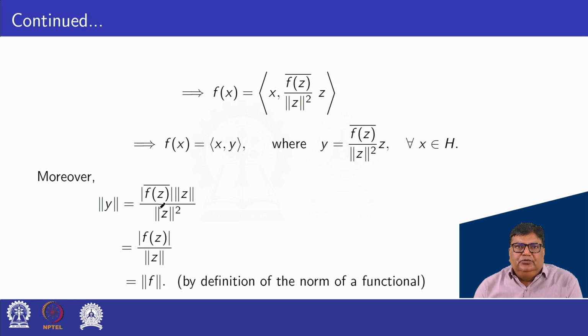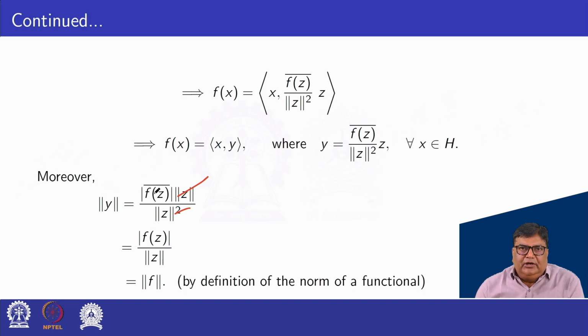So norm of y equals mod of the conjugate complex of f(z) upon norm z square into norm z. One norm z can be cancelled out, so we have norm y is equal to mod f(z) upon norm of z.